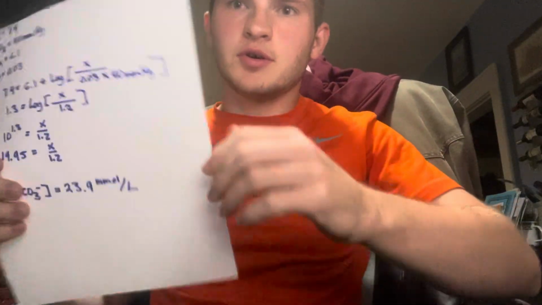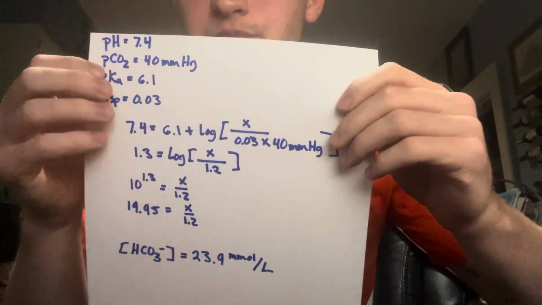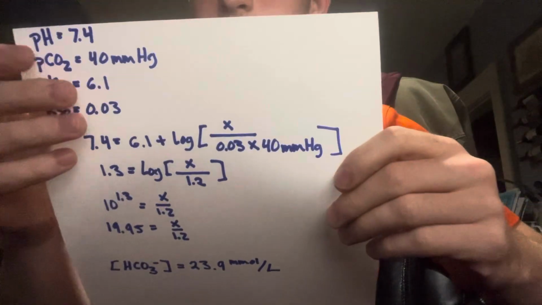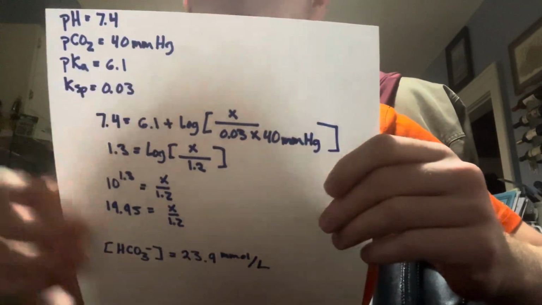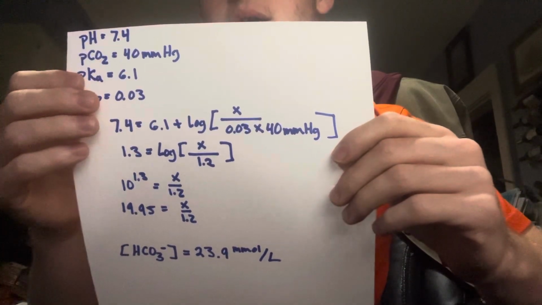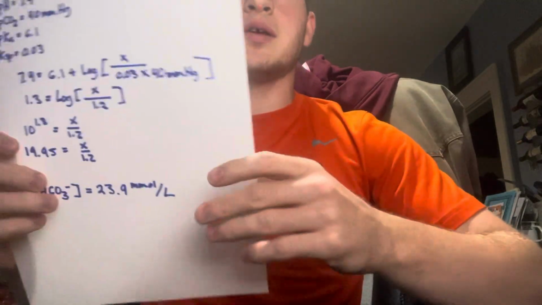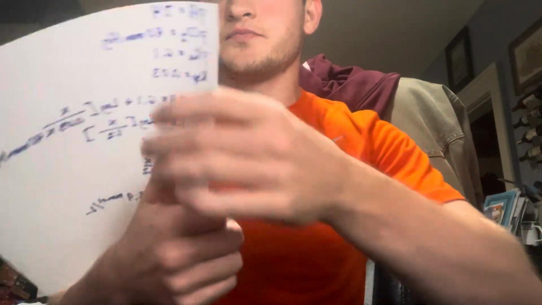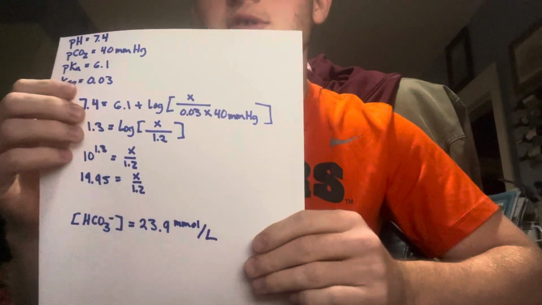Okay. Alright, so let's say the pH of the person is 7.4. The partial pressure of CO2 in the blood they measured was 40 millimeters of mercury. So then the pKa constant for carbonic acid is 6.1, and then the solubility of CO2 in blood is 0.031.